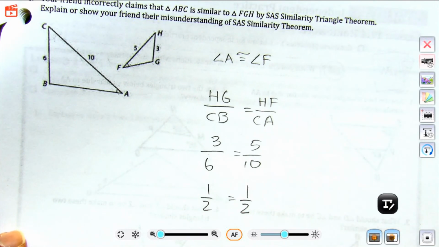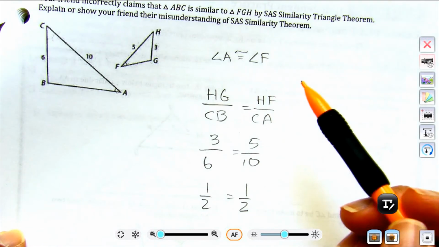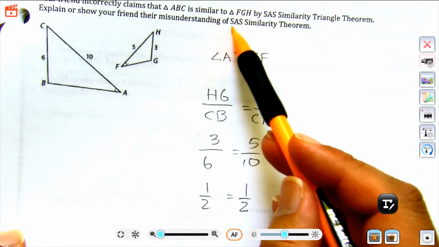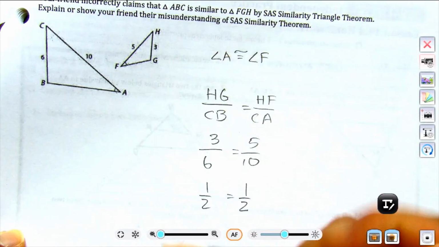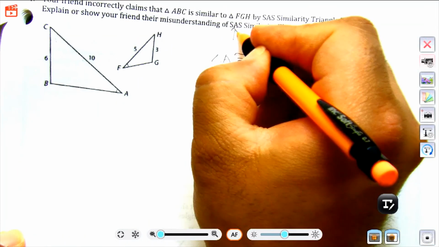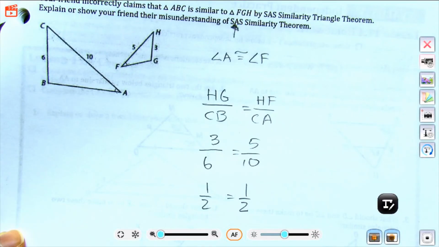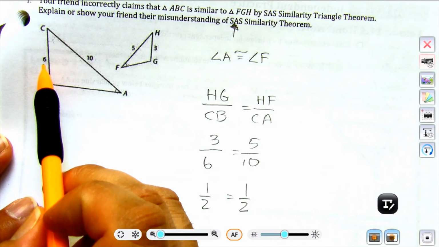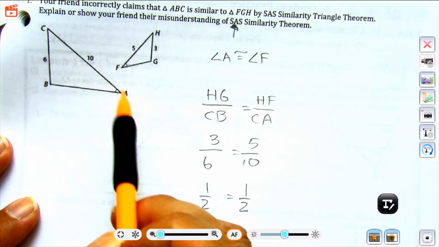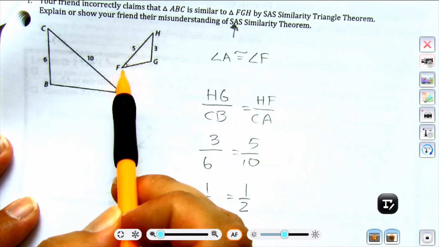But the issue in this problem is that we're not using side, angle, side, because to use side, angle, side, the angle has to be in the middle of the two sides. If we look at this figure, we have side, side, angle.